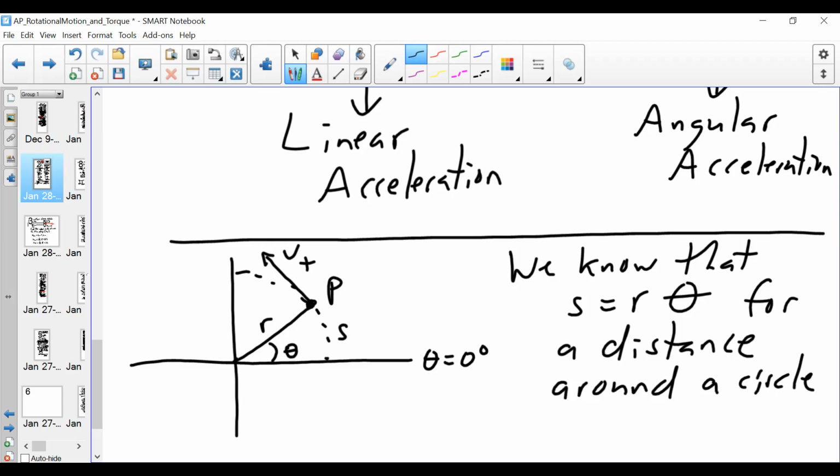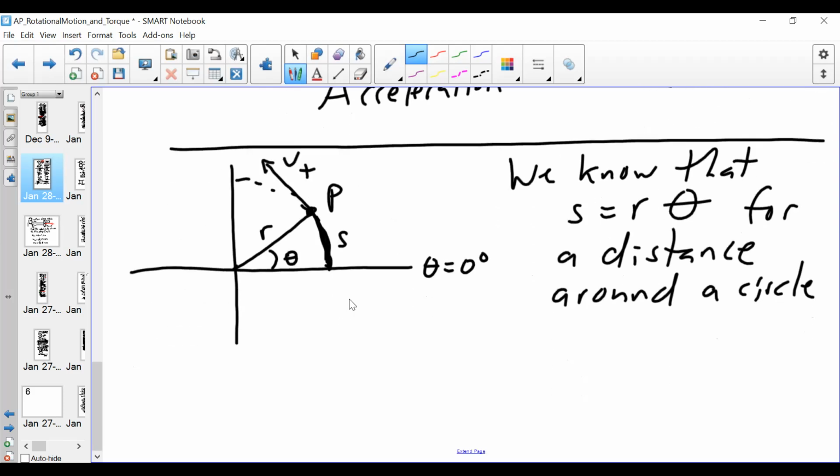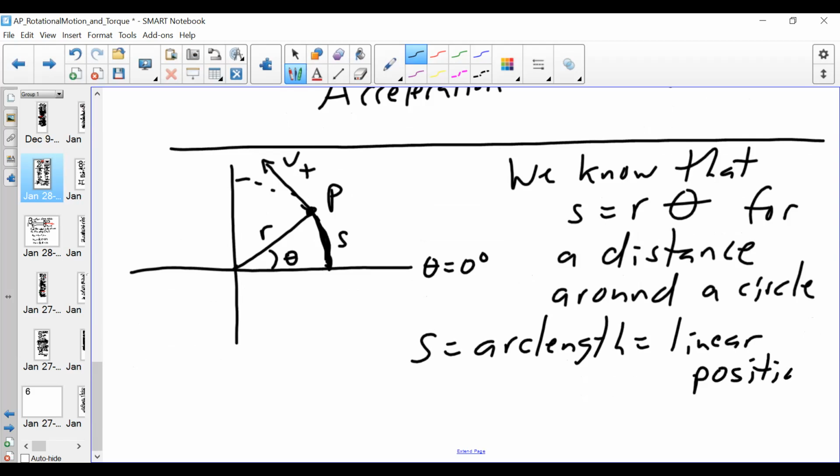Approximate that to some linear distance around the circle. It's approximately linear, S being the arc length or linear distance. More accurately, our linear position, point P at that point.